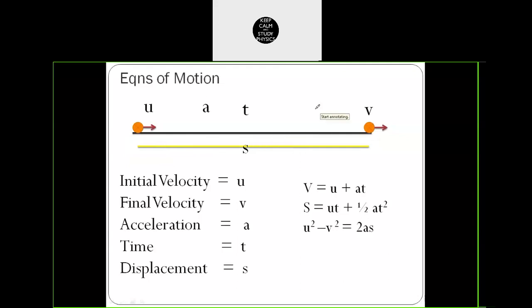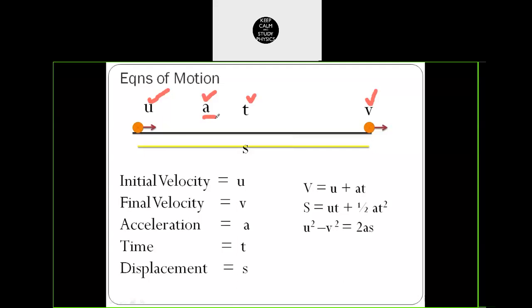Let us say we have a body. Initially it is moving with a velocity u, and it has an acceleration a. After a time of t seconds, let its velocity be v, because I said it is moving with acceleration, so its velocity should change with respect to time.